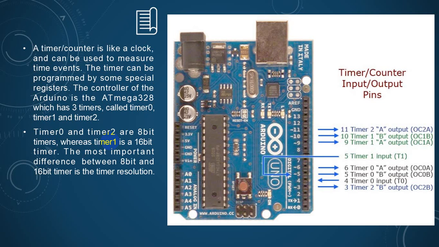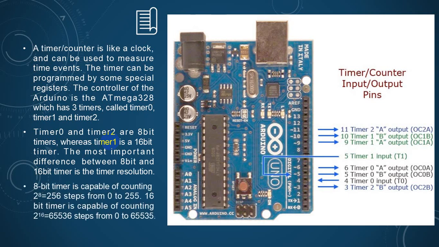With 16-bit timer, how many numbers can you count? 65,536. So an 8-bit timer is capable of counting 2 to the 8, that means 256 steps from 0 to 255. A 16-bit timer is capable of counting 2 to the 16 equal to 65,536 steps from 0 to 65,535.